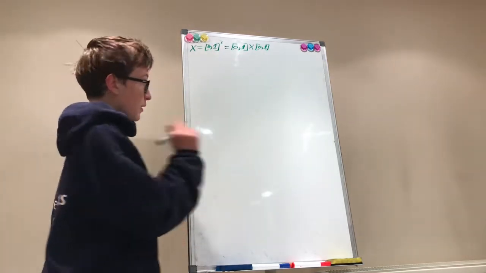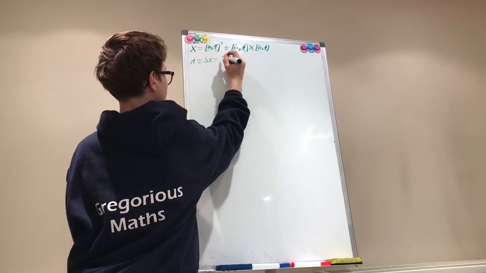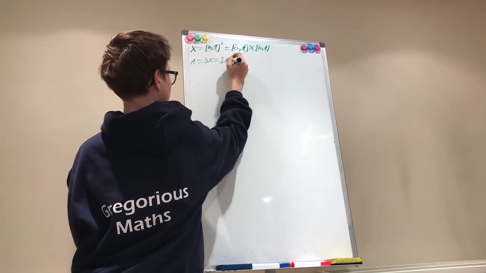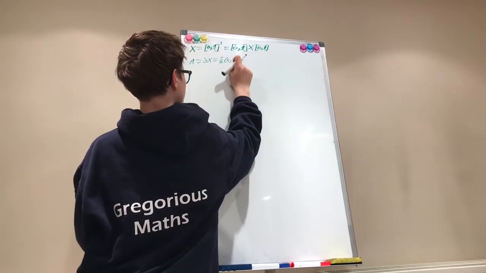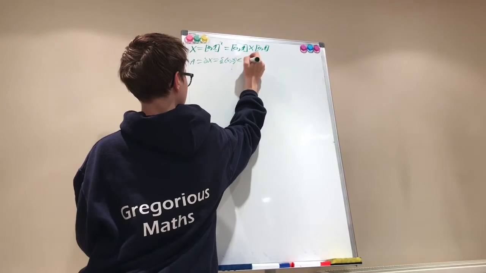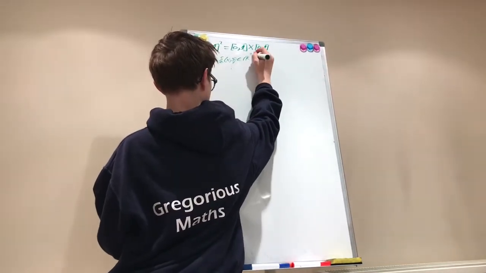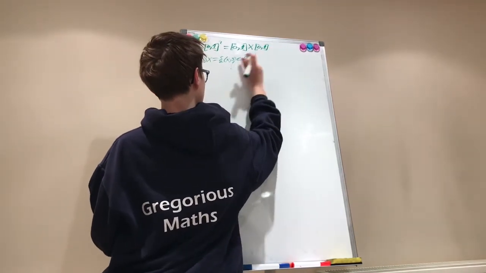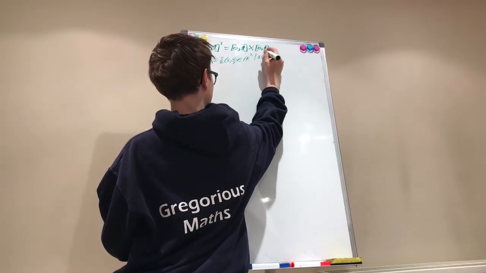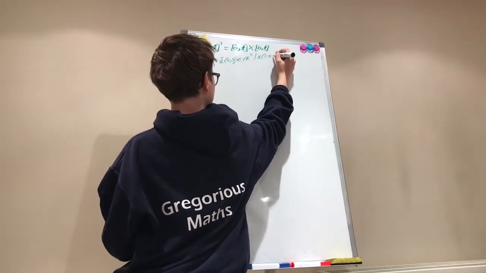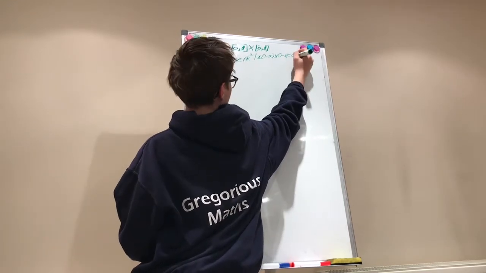Now, this means that A, equal to the boundary of X, is the set of all (x, y) in R2 such that x times (1 minus x) times y times (1 minus y) is equal to 0.